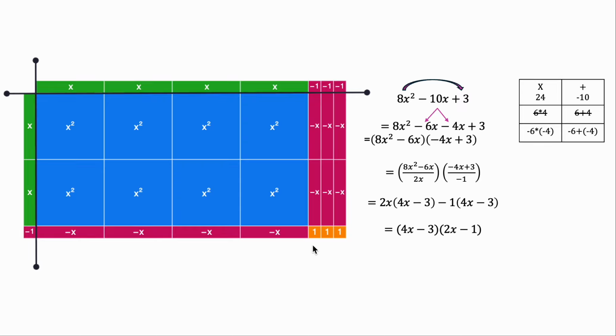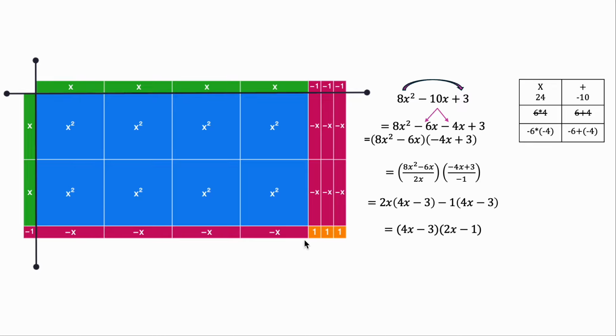So I need to arrange 8x squared minus 10x plus 3 into a rectangle in order to find those dimensions. So in the middle, I can see my 8x squareds, but notice off to the right-hand side, I've got negative 6x's in a group which pair with the negative 6x that we had found in our table.